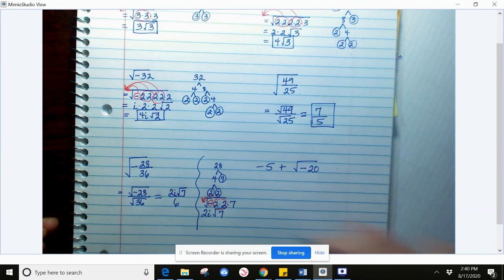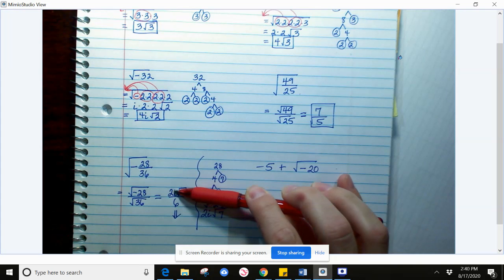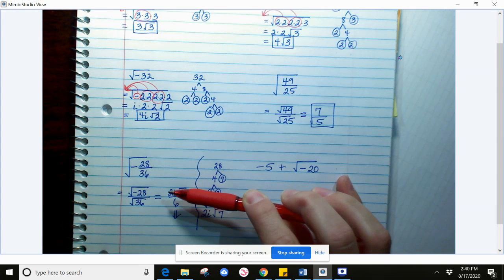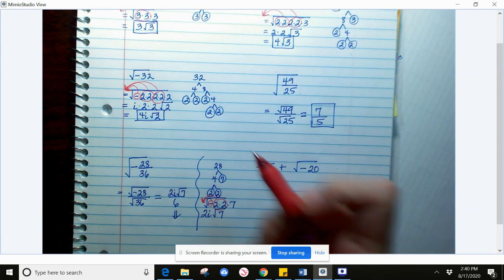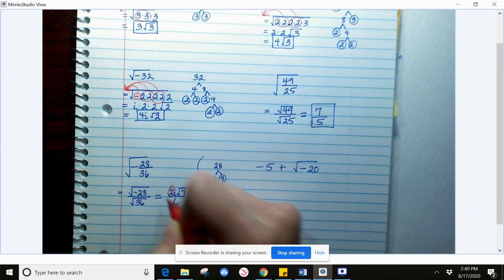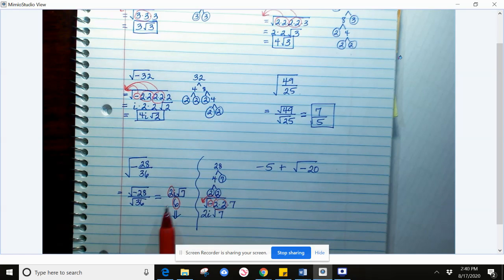Alrighty, now this is something that happens sometimes, not a lot, but this one actually can go a little bit further. The reason being is that if I were to take away the i and the square root of 7, that would look just like a 2 over 6, and that is a reducible fraction. So what we want to do is reduce the number outside the radical with a number on the denominator if possible, and both of those will divide by 2.